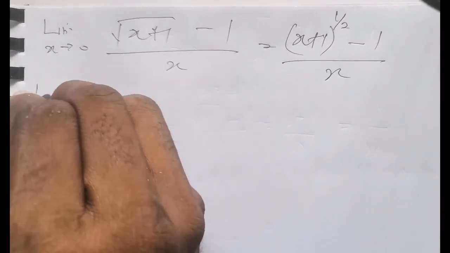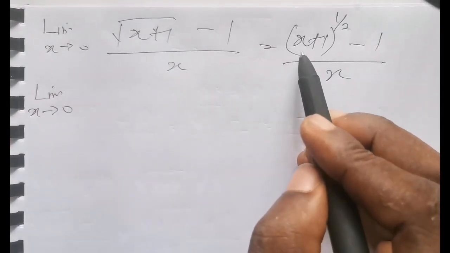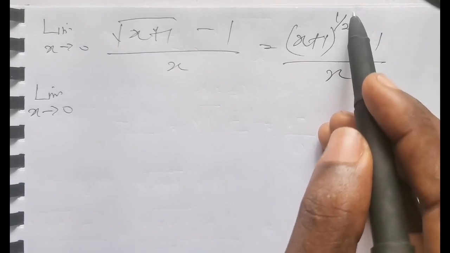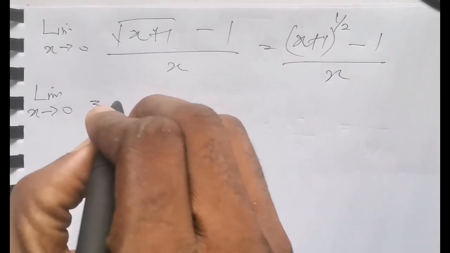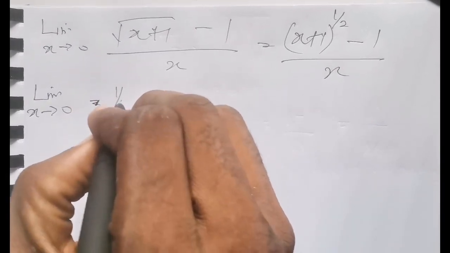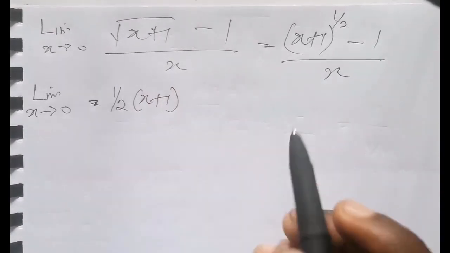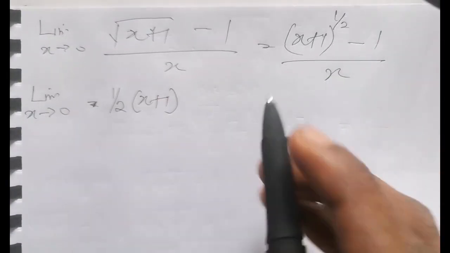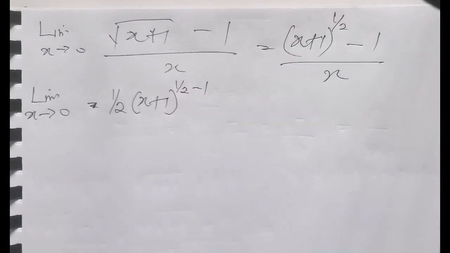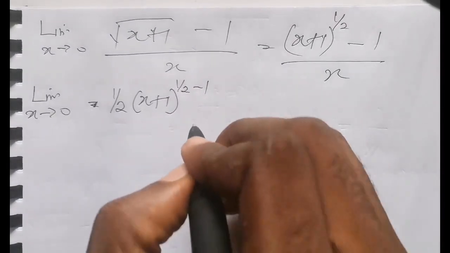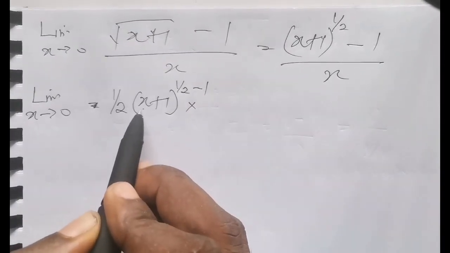Now you're going to have limits as x approaches 0. If I differentiate x plus 1 to the power of 1 over 2, first thing to do is use the power 1 over 2 to multiply this function x plus 1. Then subtract 1 from the power, so it becomes 1 over 2 minus 1, just like you carry out your normal derivative. Again, multiply by the derivative of the function that contains x in the bracket.